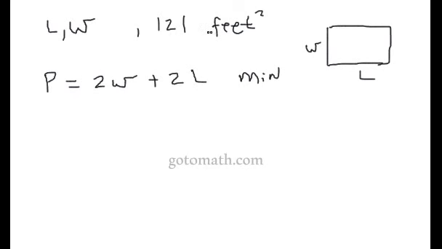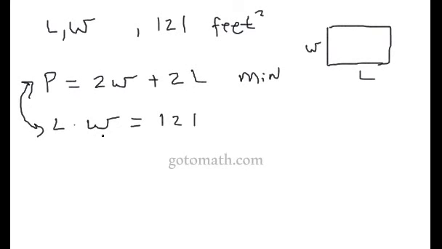Right? And we have the area, and the area is length times width is equal to, and I believe I used, 121. Okay. So there it is. We have our two equations set up here, and we want to go ahead and get our primary equation all in terms of one variable.